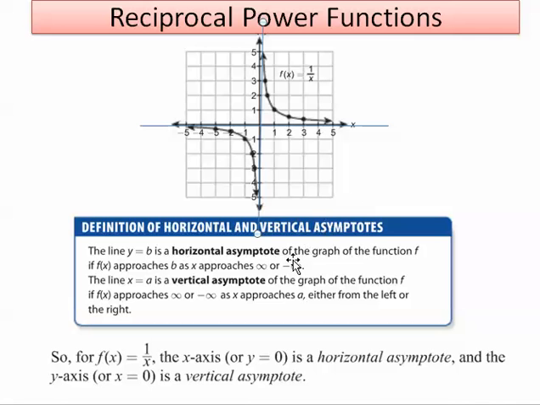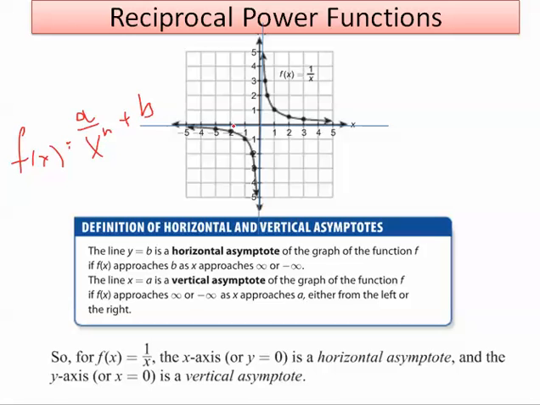So what we've got are two asymptotes. One of them is called a horizontal asymptote, which is y is equal to b. The general equation that we'd be looking at would be f of x equals a over x to the nth power plus b.